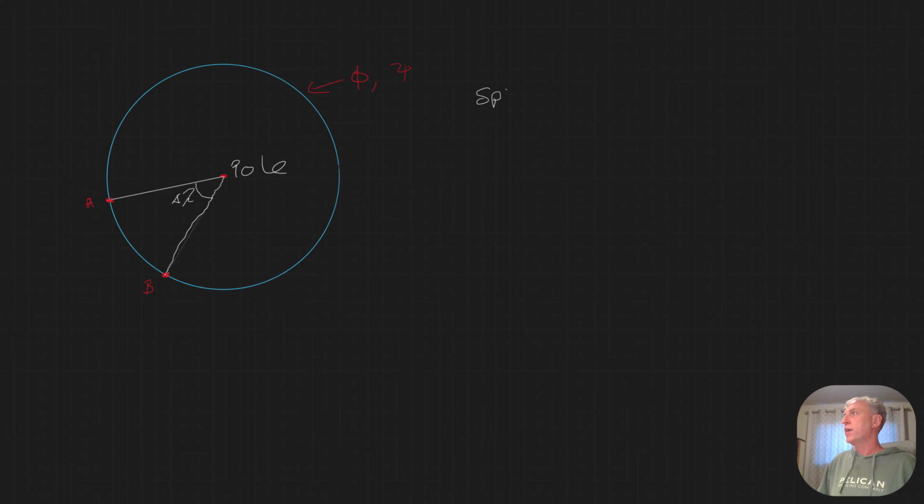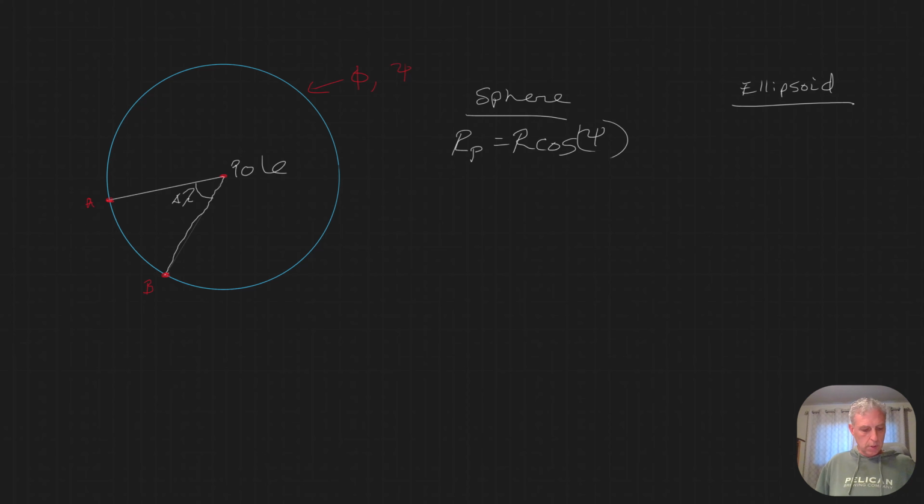Let's compare some of the formulae. So on the sphere, and I'll put ellipsoid over here. What we learned before is that the radius of a parallel, r sub p, is equal to the radius of the sphere, r, times the cosine of psi, right?